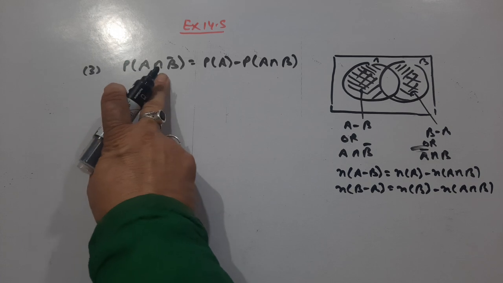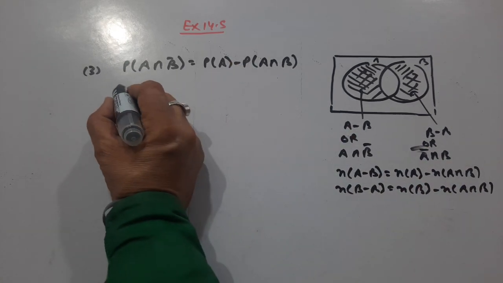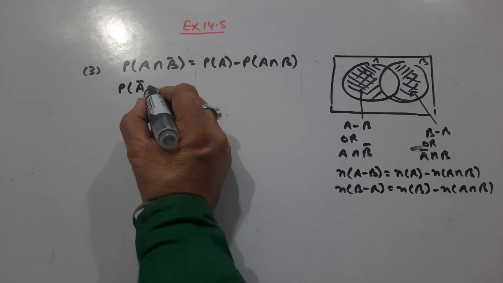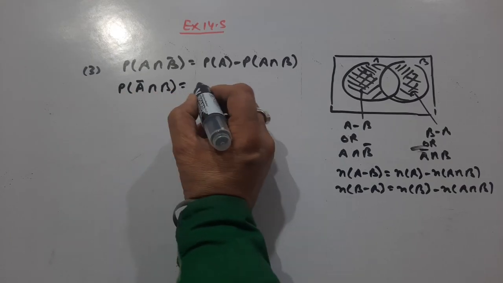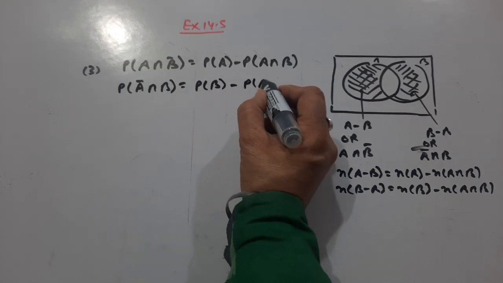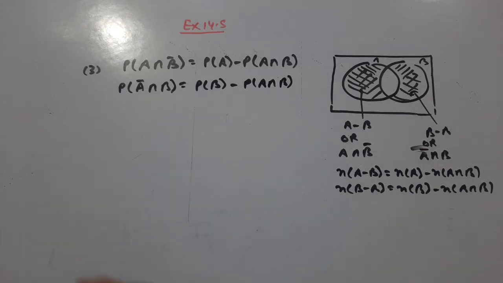So P of A intersection B bar is equal to P of A minus P of A intersection B, and P of A bar intersection B is equal to B minus A. So this is equal to P of B minus P of A intersection B. So same point is to be used over here.